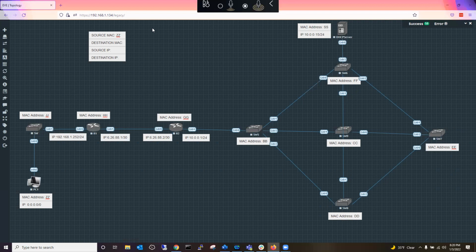PC1 doesn't have an IP address. How is it going to know how to get out and reach the DHCP server if it doesn't have an IP address? What can we configure within this small network right here to make sure that PC1 can reach the DHCP server?